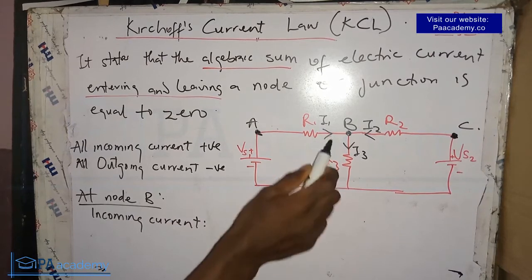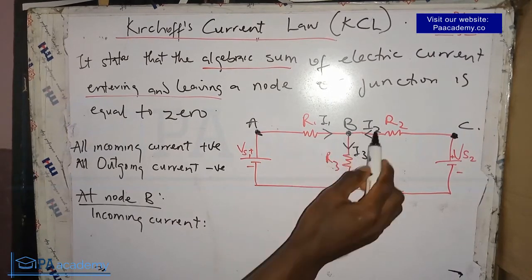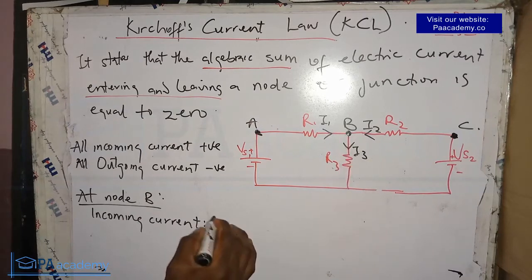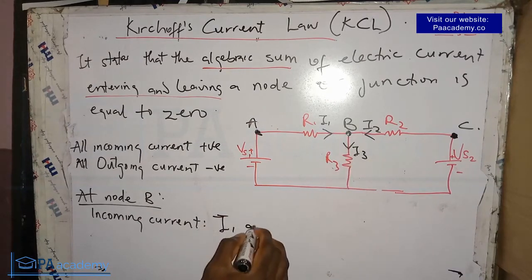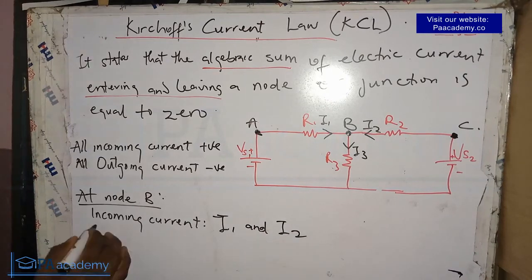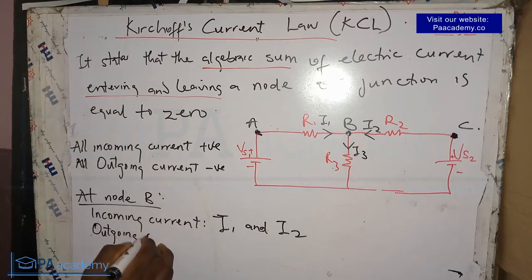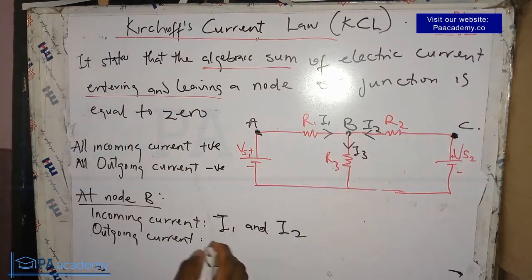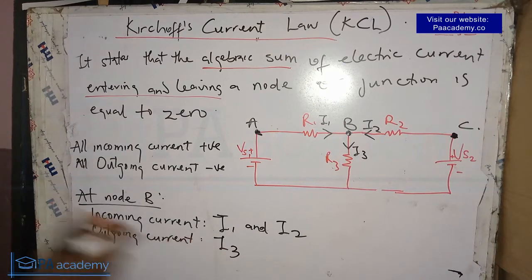You can see I1 is an incoming current moving towards B, and I2 is also an incoming current moving towards B. So our incoming currents are I1 and I2. What about our outgoing current? Our outgoing current, the one that is leaving B, is I3. So these are the incoming and the outgoing currents.